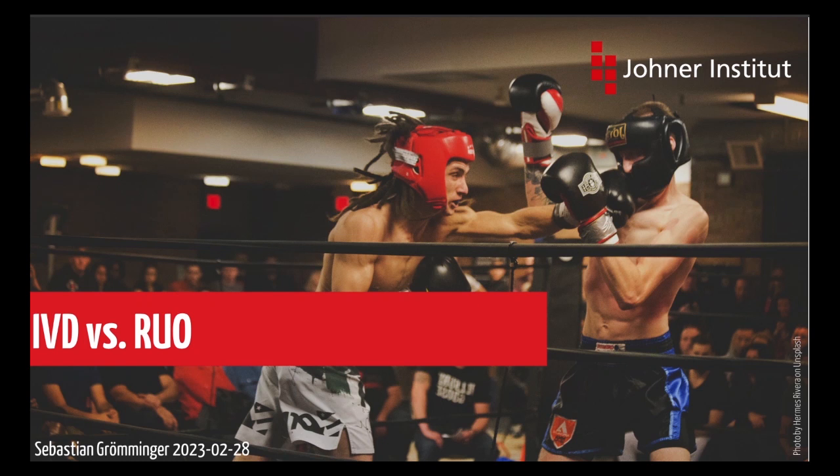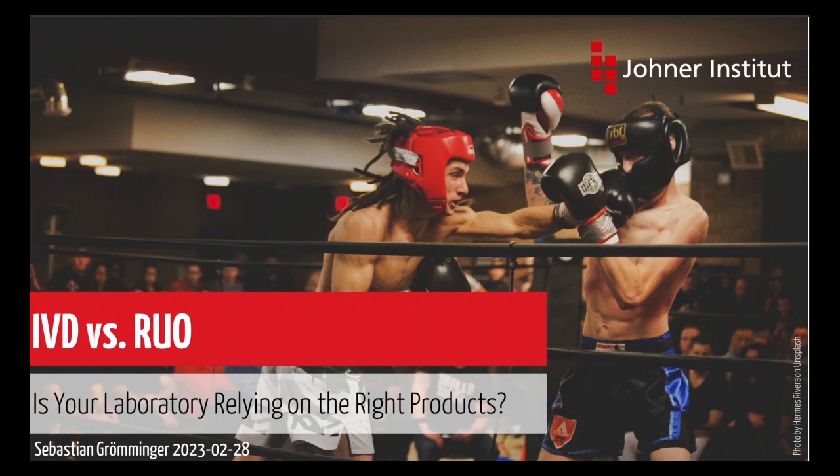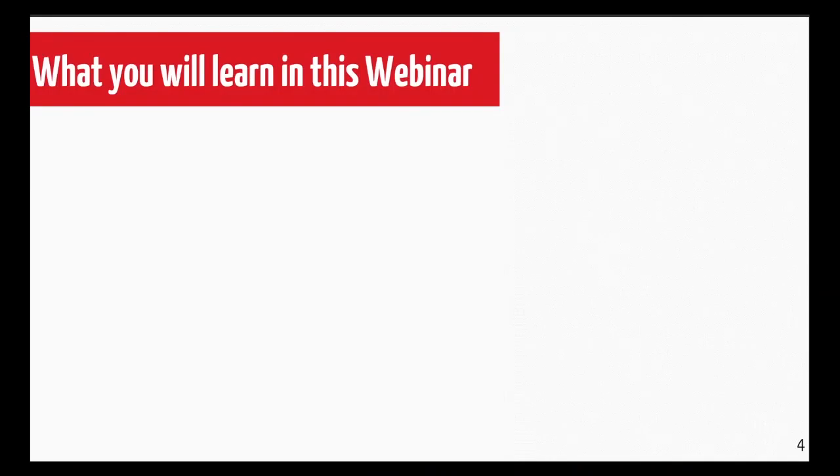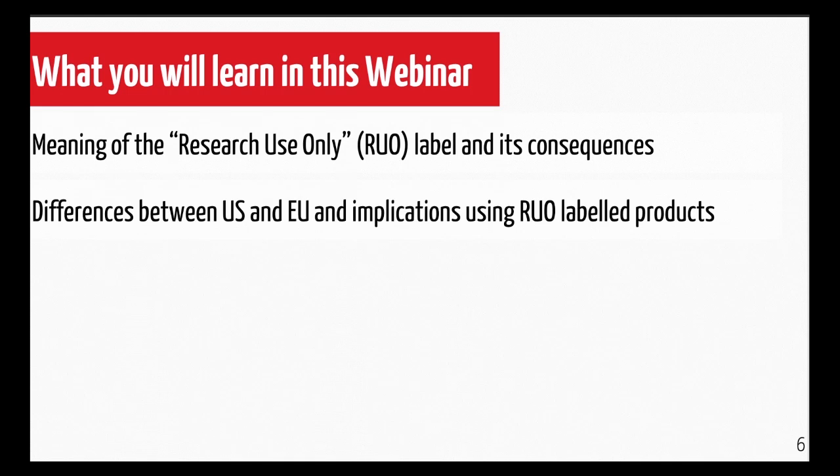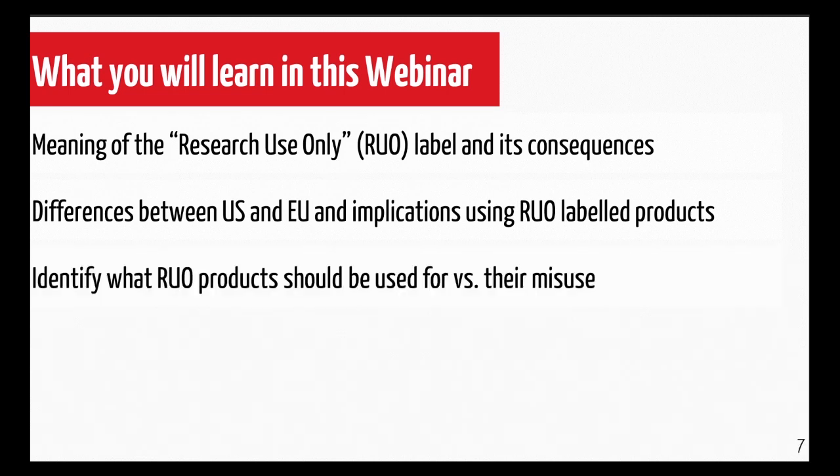So we talk about IVD versus RUO and whether you are relying on the right product. What you will learn in this webinar in a few words. You will understand the meaning of research use only labeling and its consequences. You will understand the differences between US and EU and the implications of using research use only labeled products.